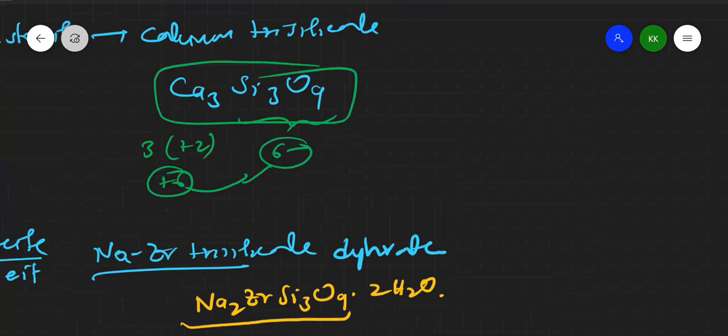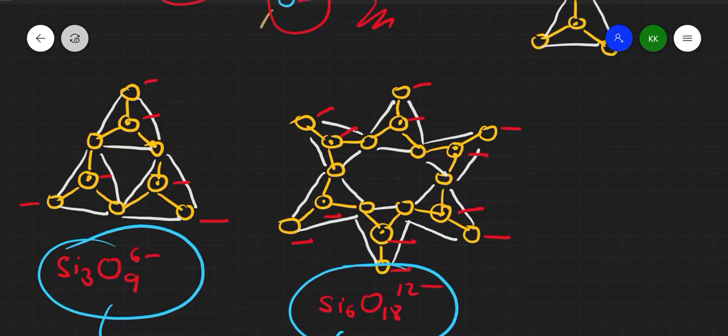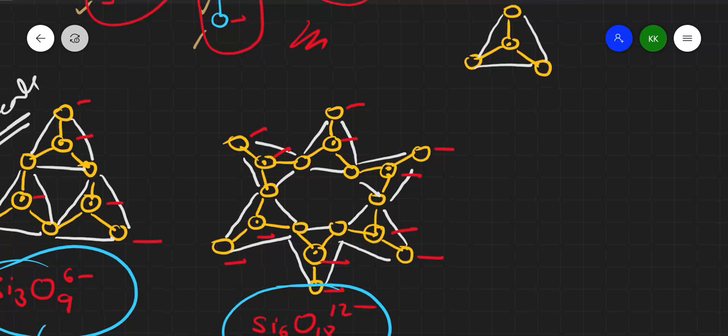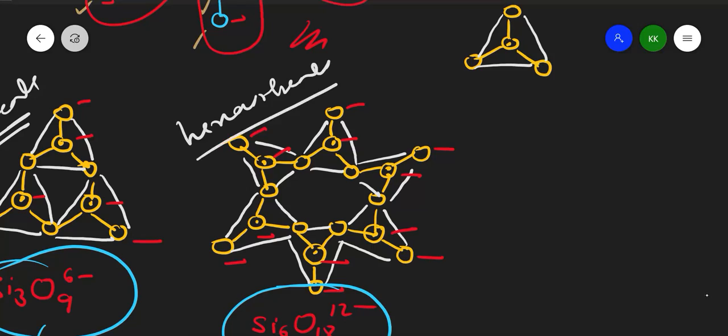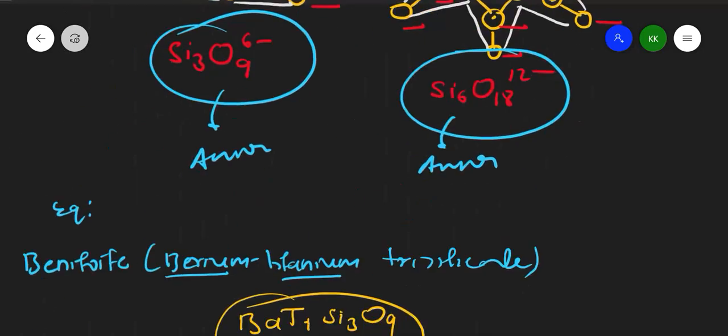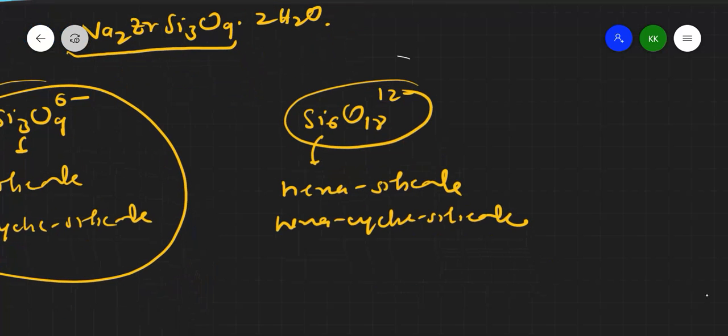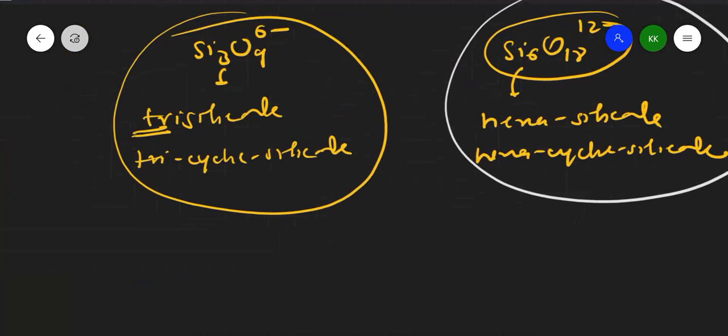So the structure which we have discussed above is nothing but the trisilicate structure, and this structure is nothing but hexasilicate, right? Just remember, I didn't give you the name, but you can do it now. I hope you understood.